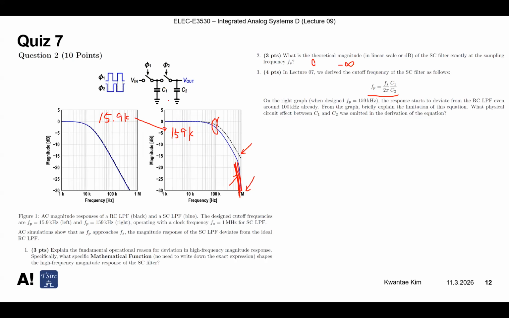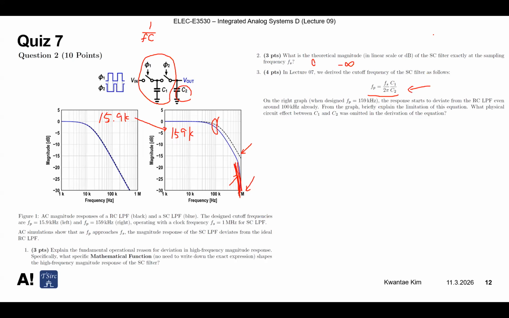We only modeled this as FC without thinking about C2's effect when we build the switched capacitor low pass filter. So we ignored the loading effect of C2 and then derived this equation.